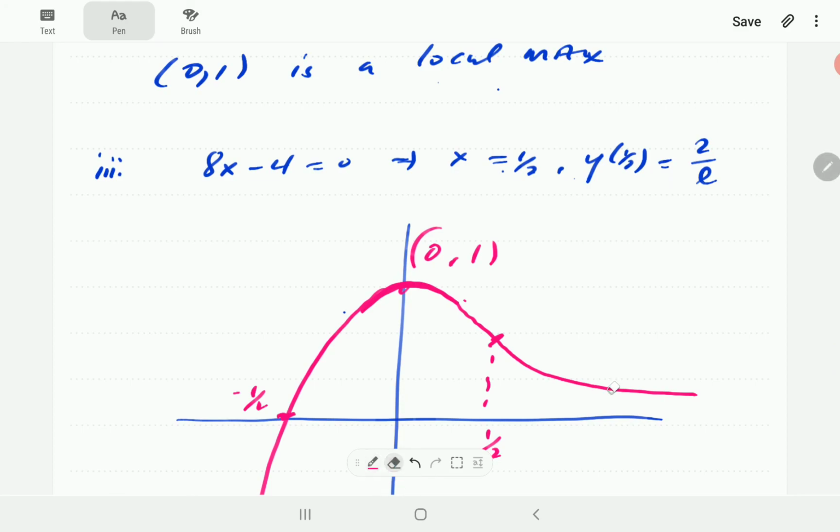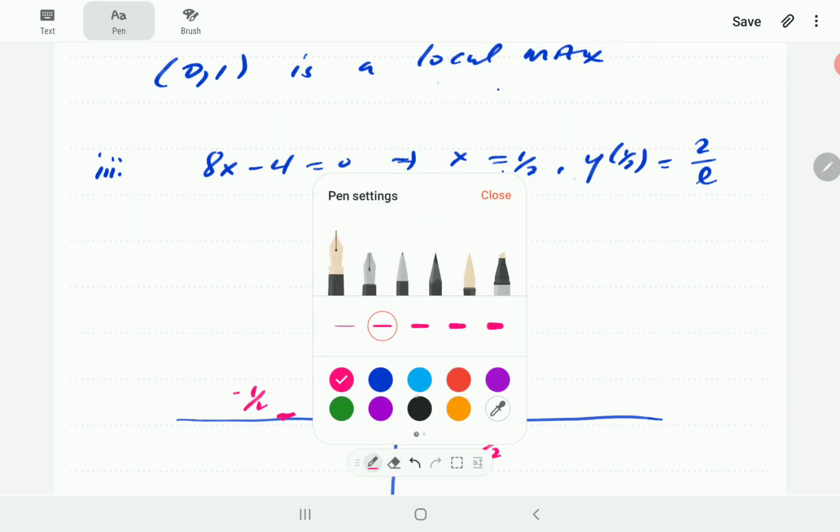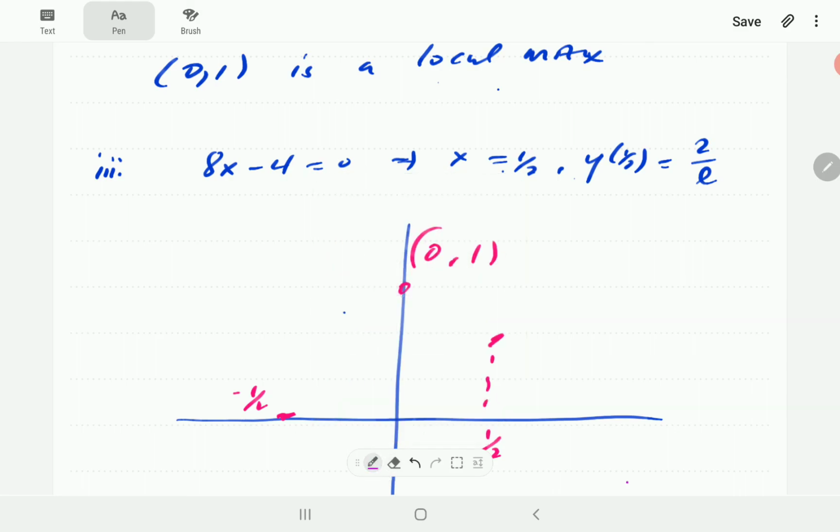So in terms of the graph, maybe let me just do this from scratch. What's going to happen is we know that we have a maximum here. We know it goes through negative half, 0, so it's going to go through there. And then at half, it changes concavity.